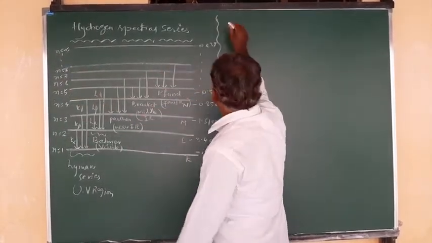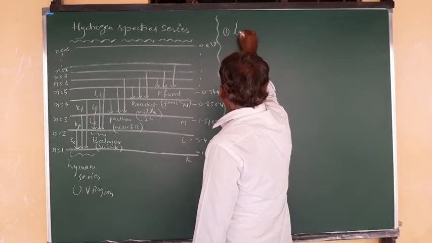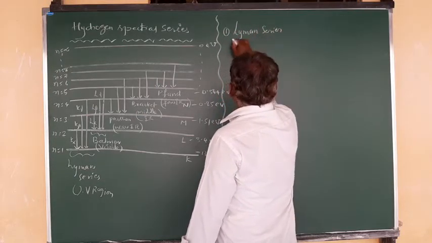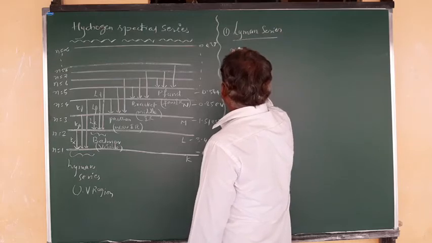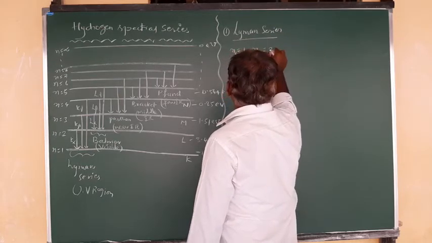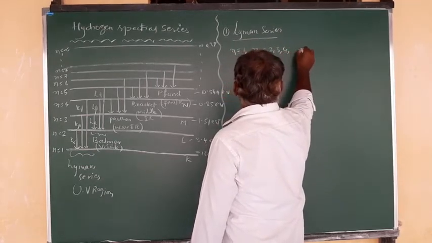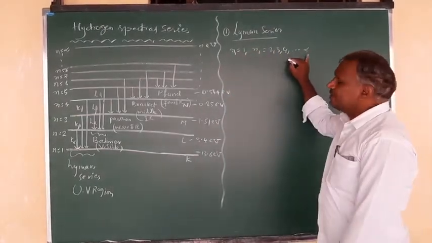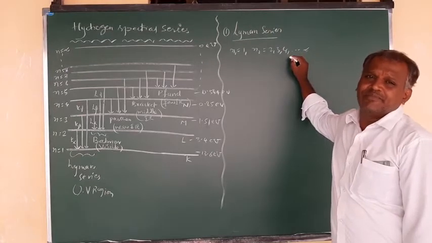For the first one, let us see the Lyman series. In this the electron makes a transition with n1 equal to 1 and n2 equal to 2, 3, 4, up to infinity. When you take n2 as infinity, that is called the series limit.